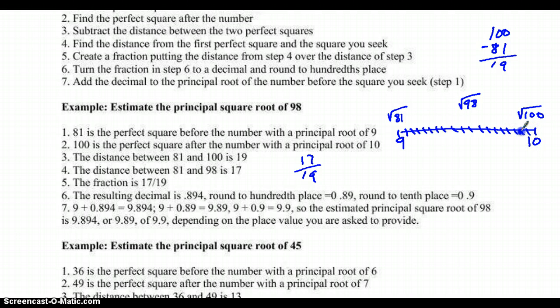So I'm going to put a big old dot there and say that literally this is the square root of 98 right here. The square root of 98. So I can actually relate to it there.